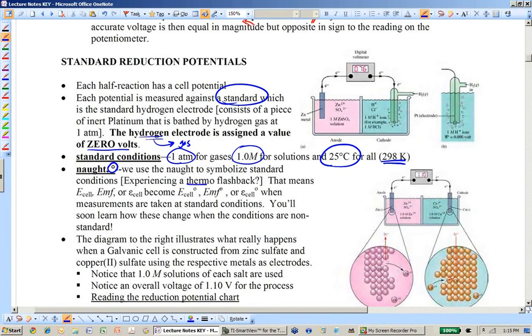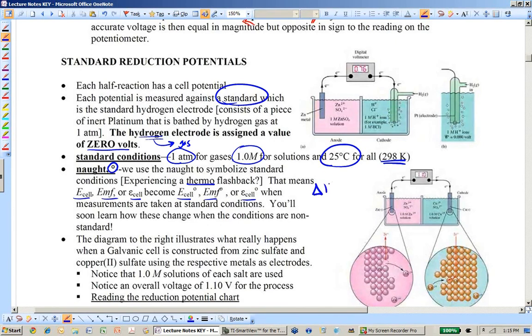And when we do thermo, if you've done it before you got here or if you're about to head into it next, thermo is riddled with this naught as well. But the good news is it still means the same thing as standard conditions, where we have 298 Kelvin, 1 atmosphere, and 1 molar concentration if solutions are involved. So that means that all of these symbols right here can become standard symbols if we simply put the naught on them.